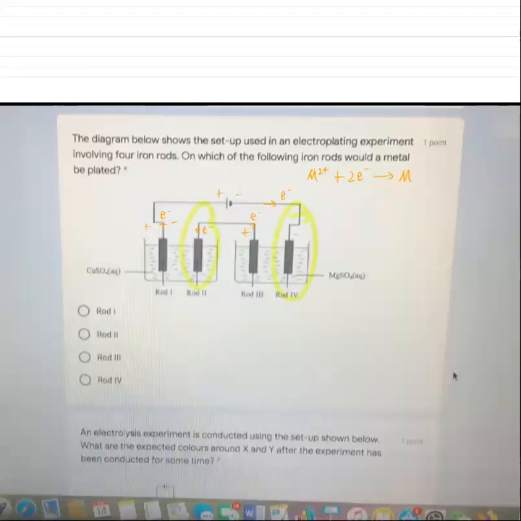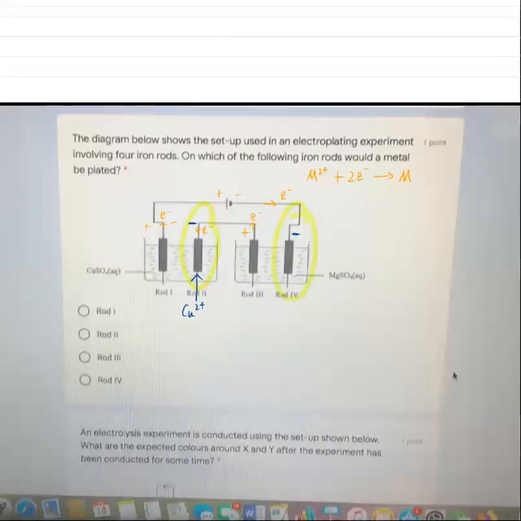And then for these two electrodes, we need to consider which one is the correct answer. So back to our step 1, we need to list out all the ions that are going to be attracted to here. This part is the negative electrode, so the cations are going to be attracted. Here the cation would be copper 2 ion.